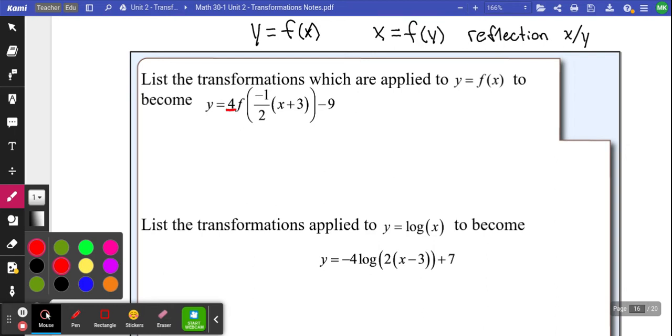If I wanted to describe what that 4 is doing, it would be a vertical stretch by a factor of 4 about the x-axis.